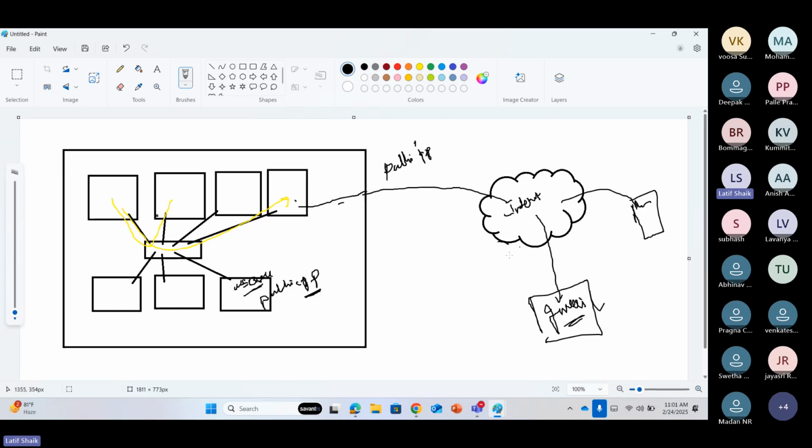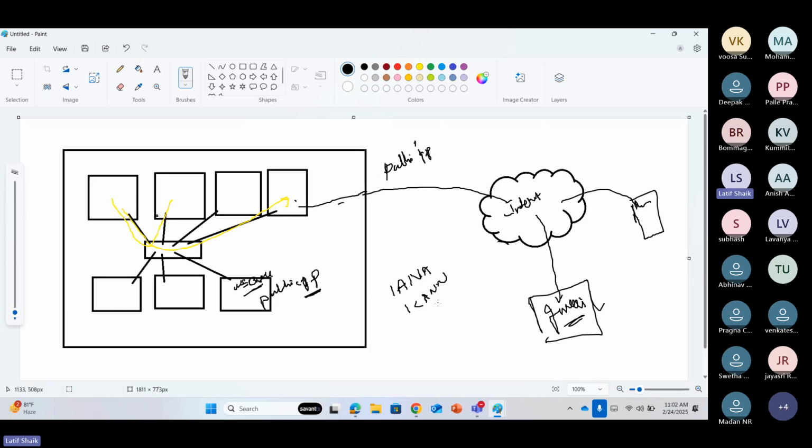As per IANA, the Internet Assigned Numbers Authority, and ICANN, it is decided which region gets what IP address, and what IP networks they have to use, IPv4, IPv6.